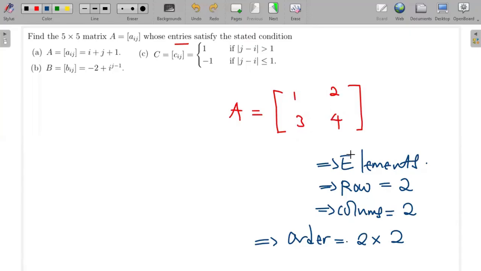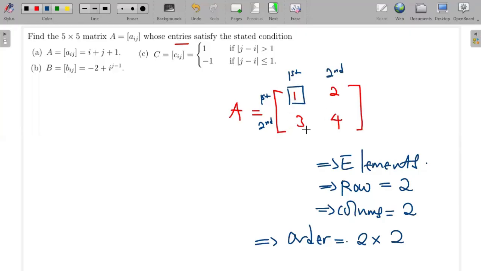Okay, so I said each of these elements sits in a certain row and a what? A certain column. So for example, if I look at this one here, we said the rows are the horizontal lines like this. So we can see 2. This is my first row here, and this one is my second row. And then the columns are the vertical lines. So this is my first column, and this is my second what? Column.